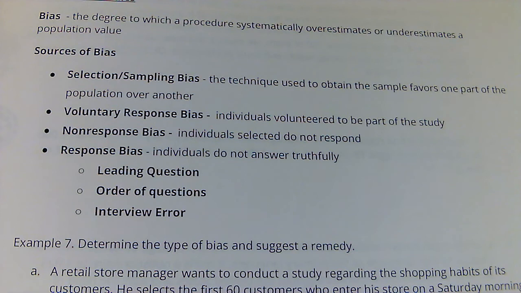And the way the interview happens can affect the answers. So for each of these, we're going to think about what type of bias can happen and how that can be fixed.